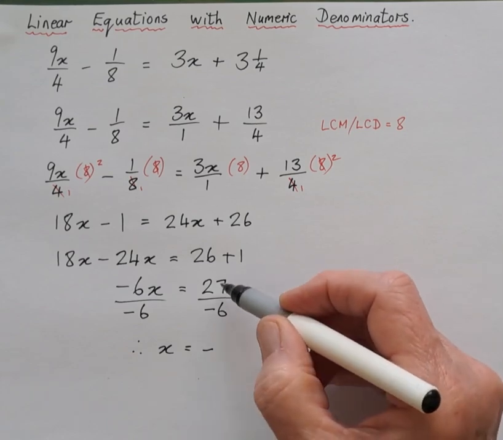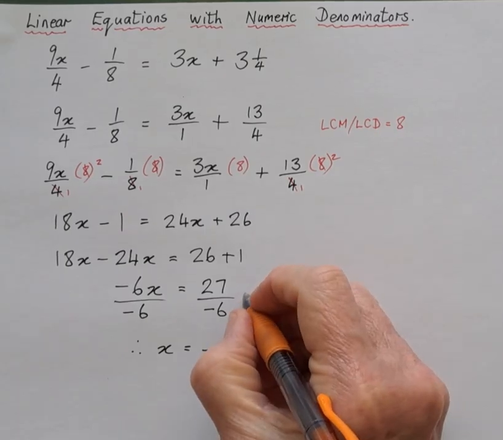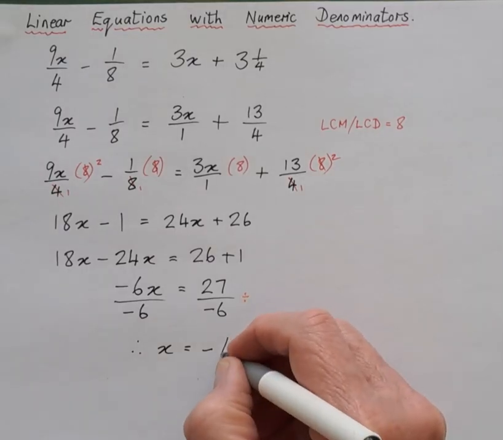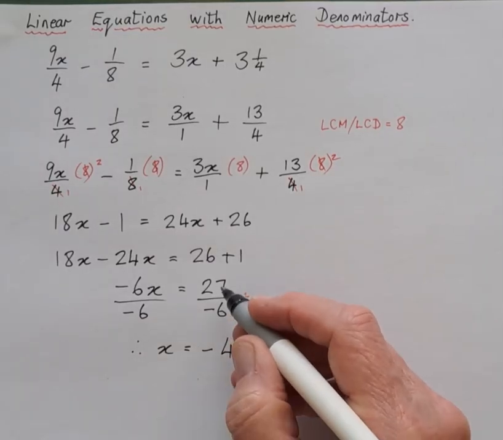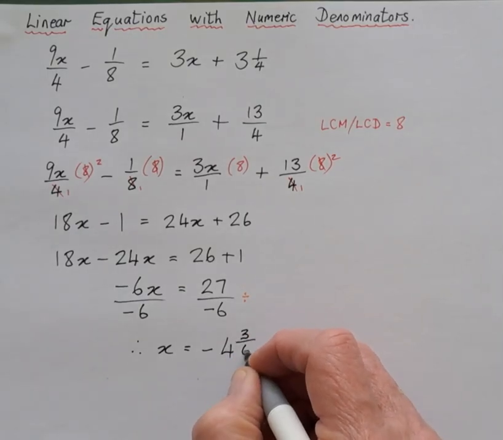And 6 goes into 27, because remember that this fraction line means division. So 6 divides into 27 4 times, which takes me up to 24. And then I've got 3 left over, so 3 over 6.